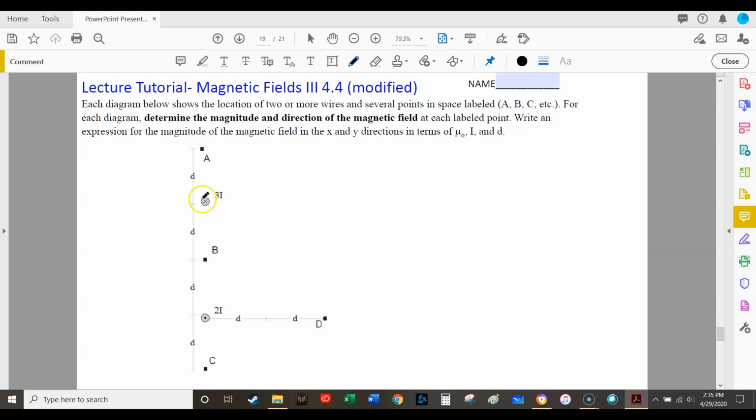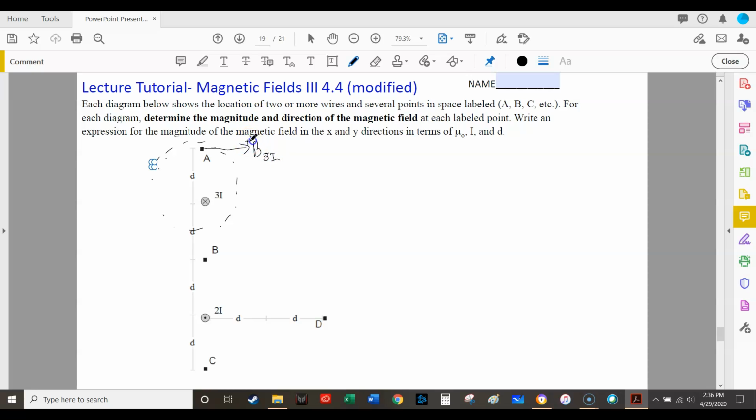So let's go ahead and establish the direction of the magnetic field at A due to the 3I wire. I'm going to point my thumb into the page, and when I make an imaginary circle around this, my fingers are pointed clockwise, and since A is above it, this magnetic field due to the 3I wire is going to be pointed directly to the right.